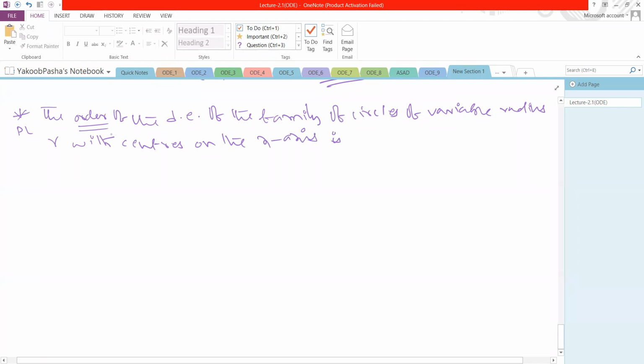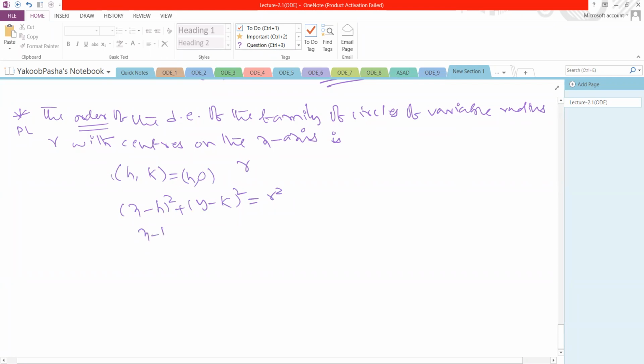Now the equation of circles having radius r and center on the x-axis. Actually, the equation of circles having center h comma k and radius r is (x minus h) whole square plus (y minus k) whole square is equal to r square. But the center lies on the x-axis, so h comma 0, the y coordinate is 0.